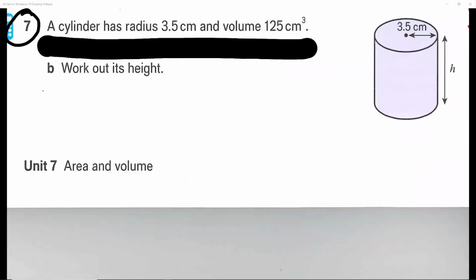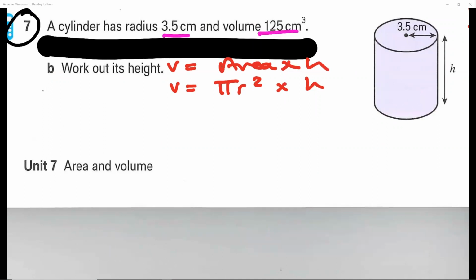First we use the formula: volume is equal to area times height, the general one. Yes, good. It said already 3.5 is the radius, so pi times 3.5 squared.